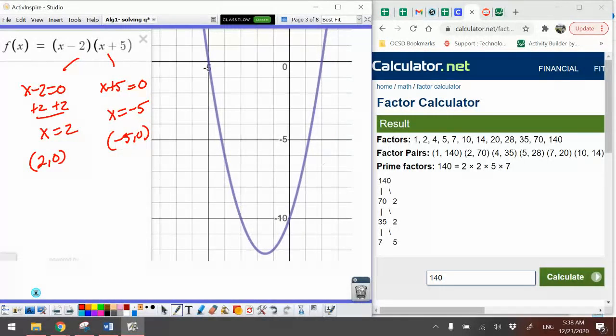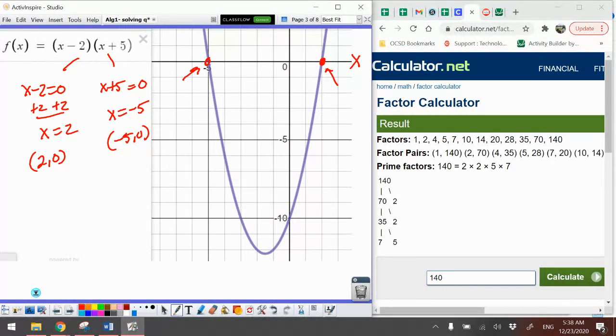And if I take a look at my quadratic, and these are counting by twos, okay, I've got one at 2, and I've got one, let's get to the right spot here. Here's my x-axis up here. I've got one at 2, and I've got one at -5.